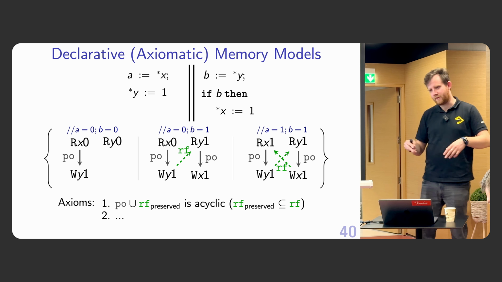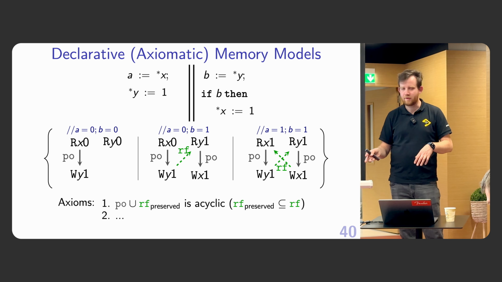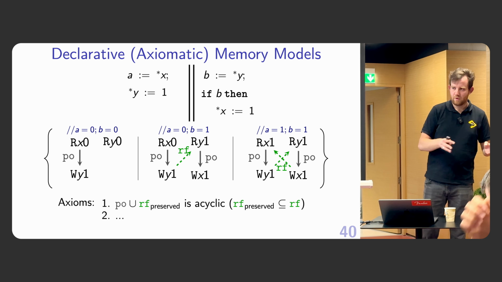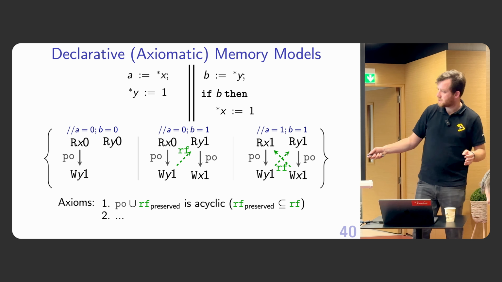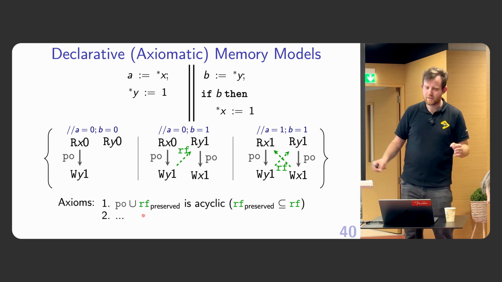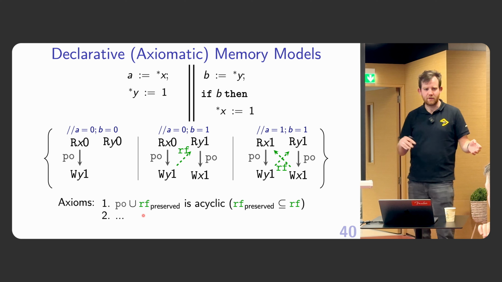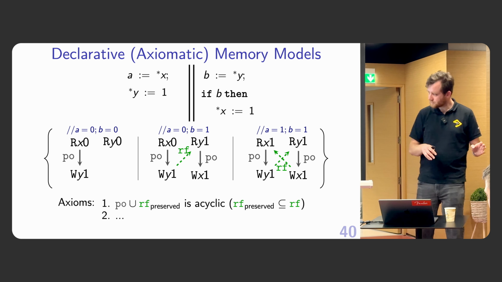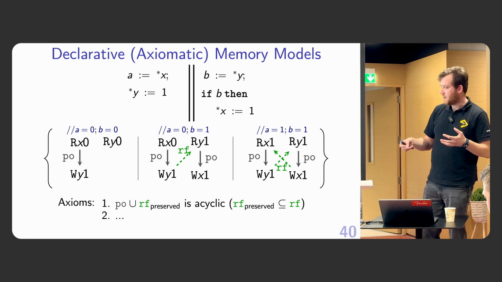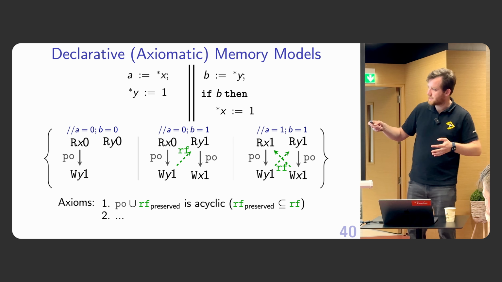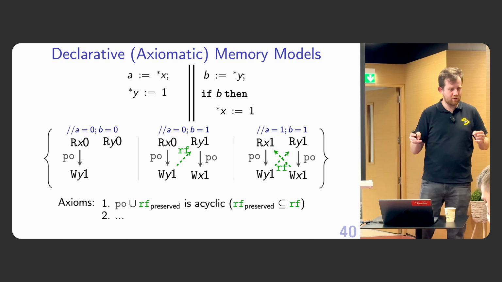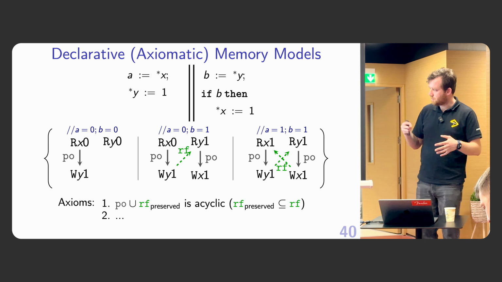So if you know something about the Java memory model, then this RF preserved set is something like synchronization or synchronized-with in Java. But the idea is that you could take some edges as important, some not, depending on the situation.